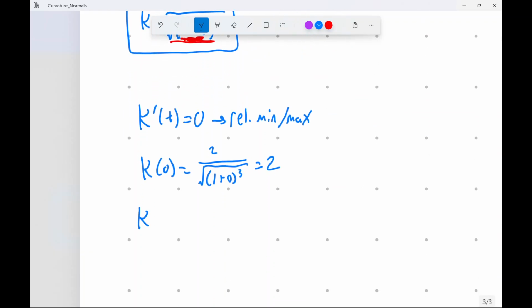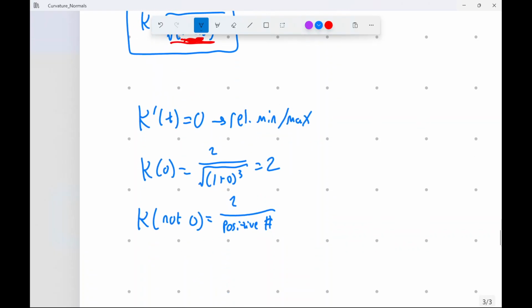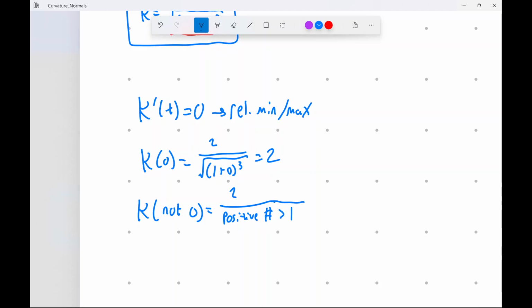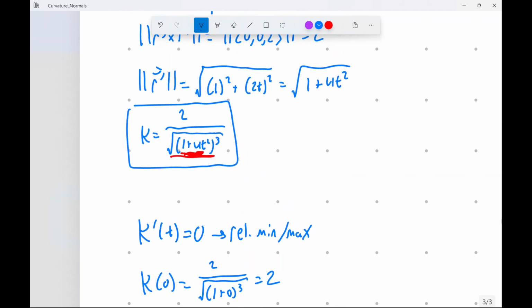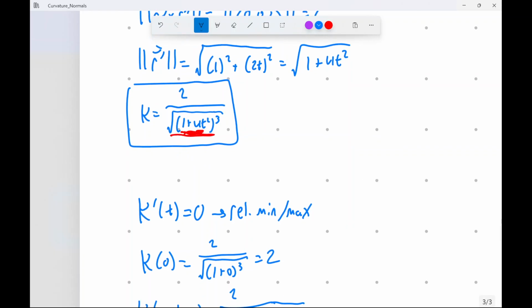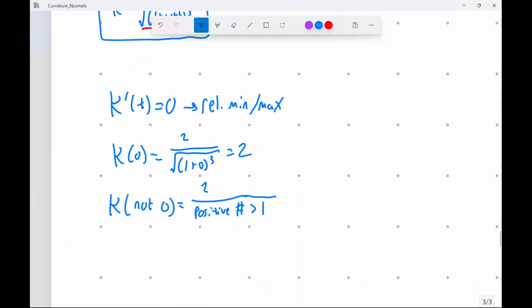So we know that the curvature at a nonzero t is equal to 2 divided by a positive number. And actually that number is going to be greater than 1, because 1 plus a positive number is greater than 1, and so the square root of that is also greater than 1. And so this is going to be less than 2.